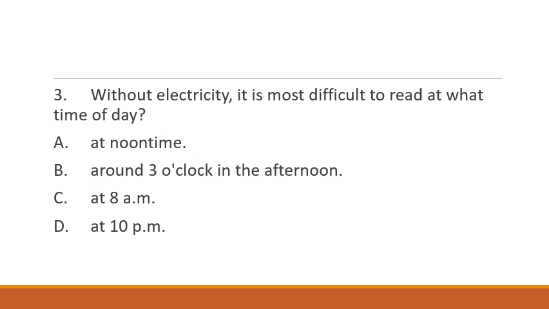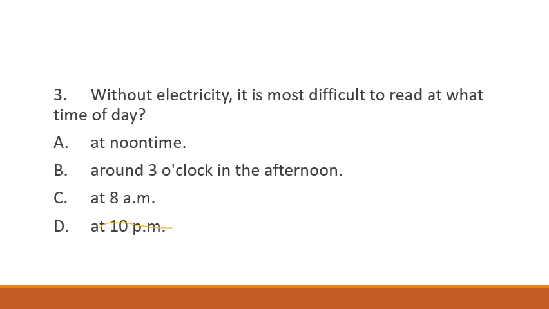So question number 3 is, without electricity, it's most difficult to read at what time of the day? According to the article, and according to our own logic, it's hard to read at night without having electricity at home. So the best choice would be the last one, which is at 10 p.m. Of course, at noontime you can read, whether you have a light bulb or not, whether you have electricity or not.